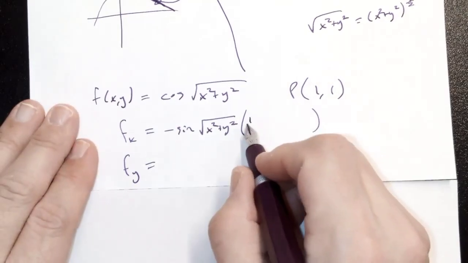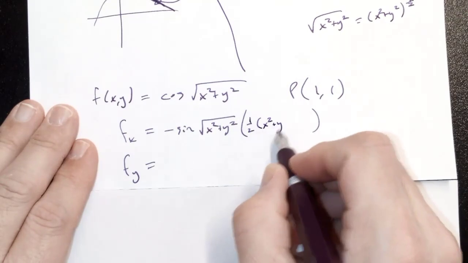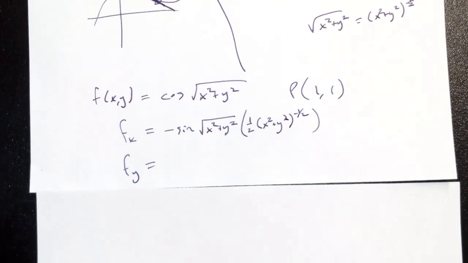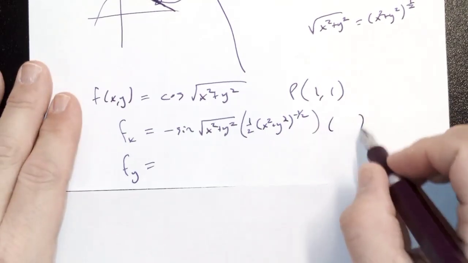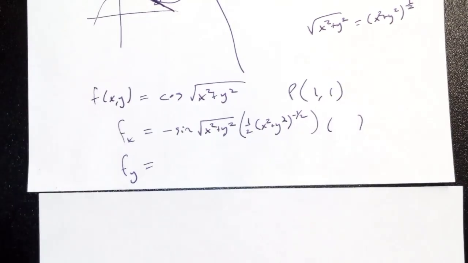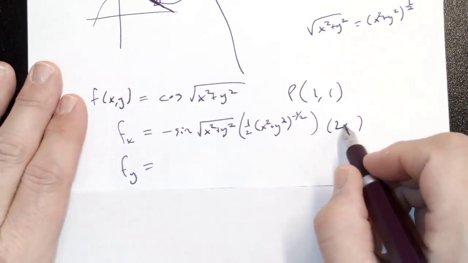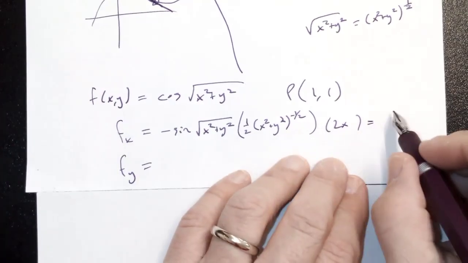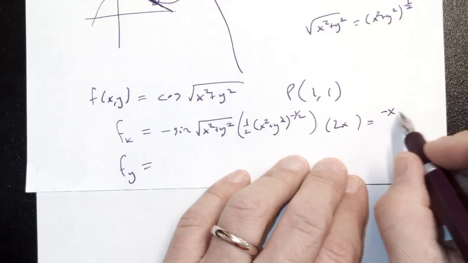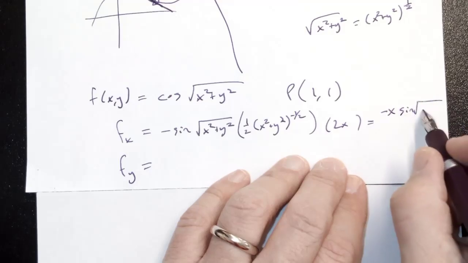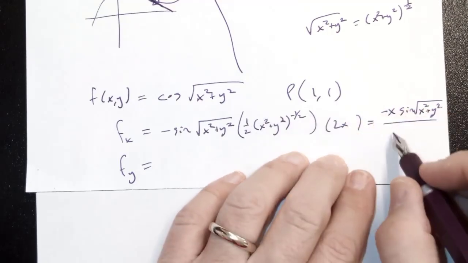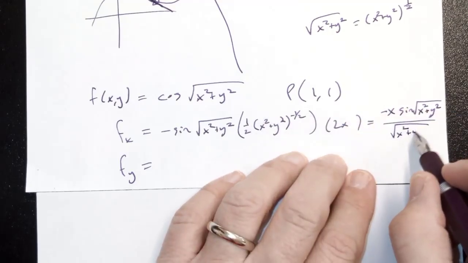So I get 1/2 stuff to the minus 1/2, but I just said stuff again, so that means there's another chain rule in here. What's the derivative of the inside stuff? That 2x will cancel with that 1/2. That means this x is going to stay on top. The negative sine is going to stay on top. And on the bottom, I'm going to get the square root of x squared plus y squared.